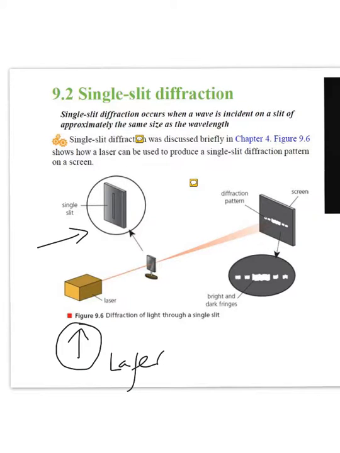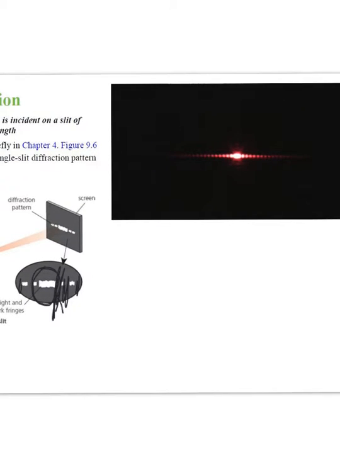And as you aim very carefully at the single slit on a screen, you should be able to see a very bright fringe in the center, followed by some dark fringes, and other repeated bright fringes. It's similar but different to the double slit interference pattern we got, but we'll compare them a bit later. So what you actually end up with is something like this: one intense, very strong bright fringe in the center and repeated patterns of dark and light.